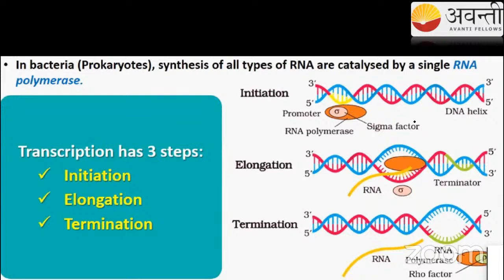When it is elongating, it removes the sigma factor, because now I don't want it. Then at the termination site, it comes to know that now it has to get down, but it doesn't know how. It doesn't have the sigma factor, but it has another factor, the rho factor, which helps in the termination, guys.